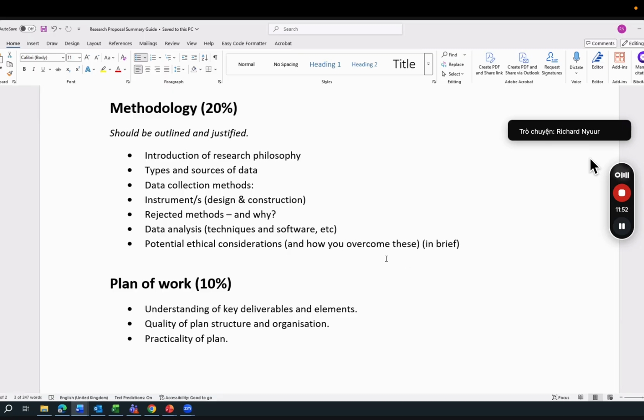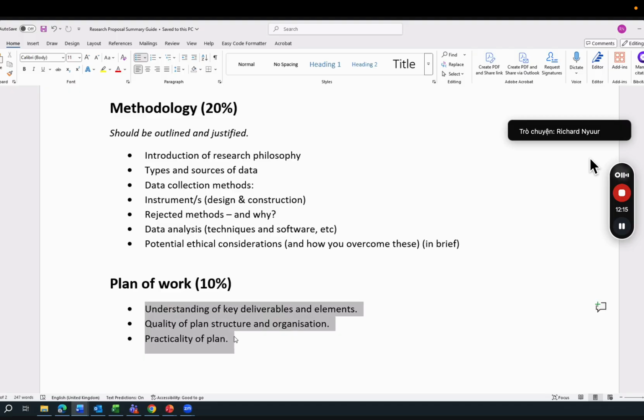And again, you need to talk about potential ethical considerations. So that is what you need. You don't need to collect the data at this stage. And then you move on to provide a Gantt chart, which is what we call the plan of work. And I covered that yesterday in detail.